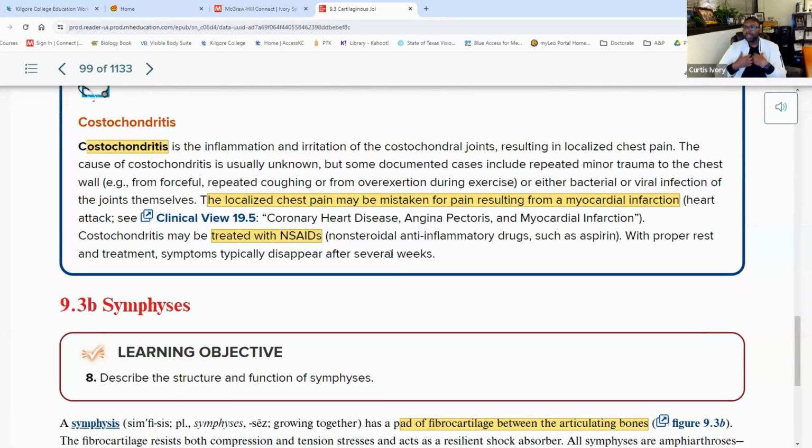The only way we can actually treat that is predominantly with NSAIDs like ibuprofen, which stands for non-steroidal anti-inflammatory drug, or aspirin. And so usually we have to give you a lot of rest, and hopefully the symptoms might disappear in a few weeks.